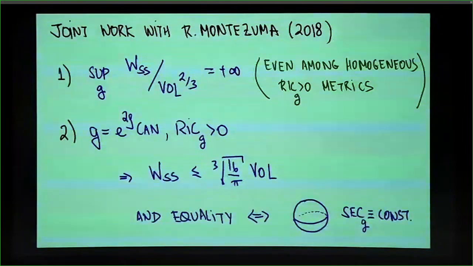And so again, there is a contrast here with the 2-dimensional case, because in 2 dimensions, there is the uniformization theorem that tells you that any Riemannian metric on the 2-sphere is conformal to the canonical metric. And remember, I said in 2 dimensions, the round metric is not the maximum among conformally flat metrics.